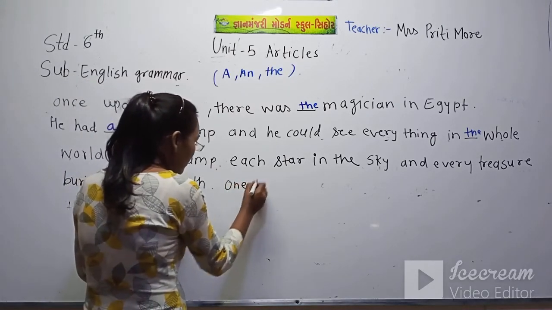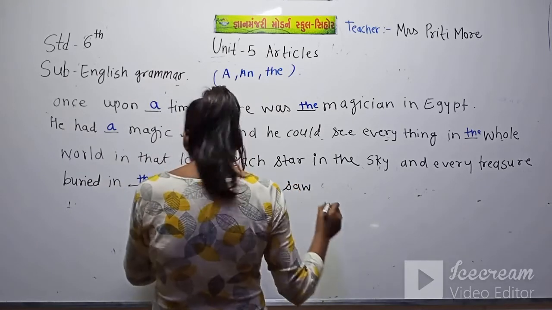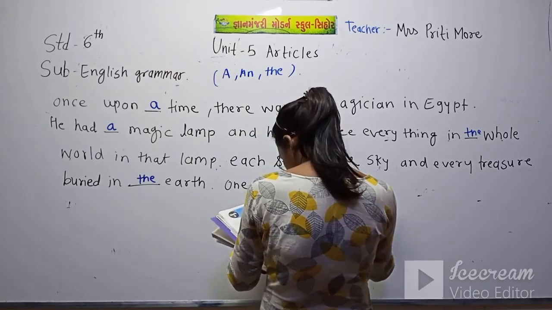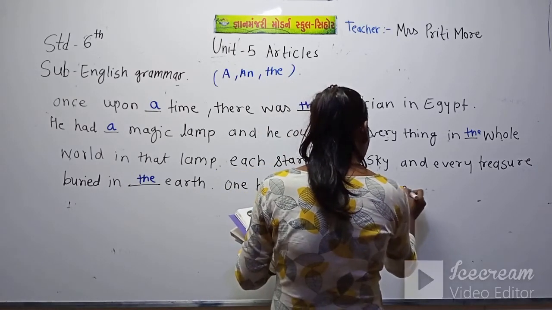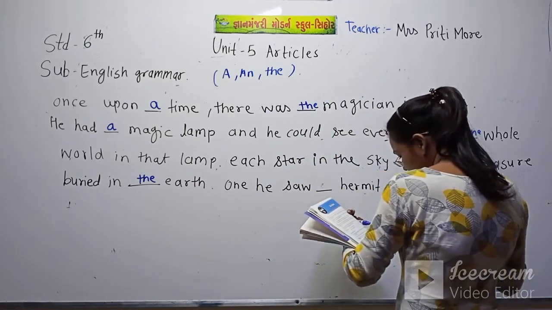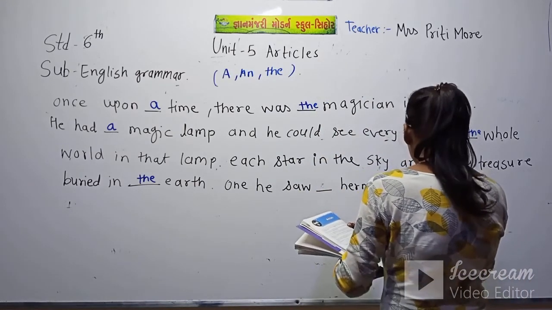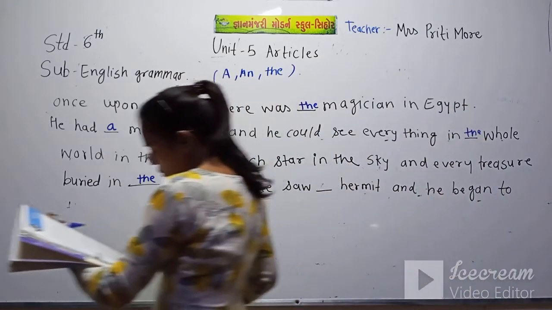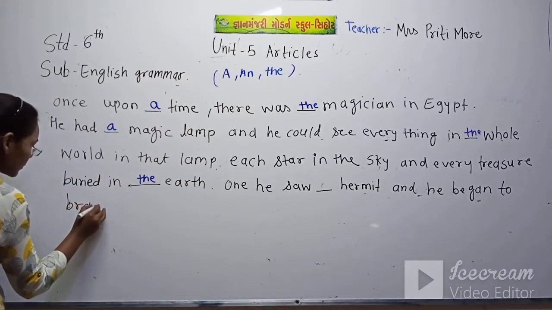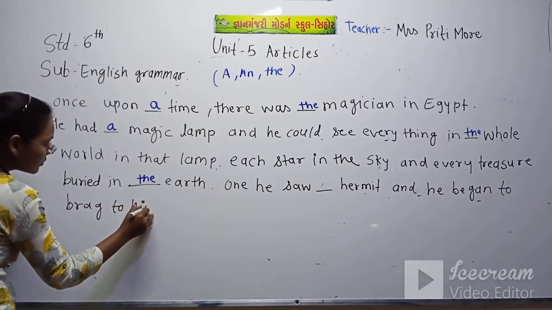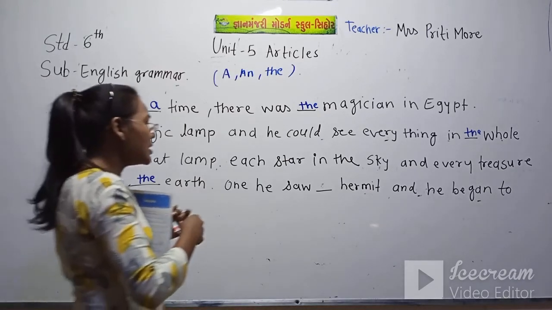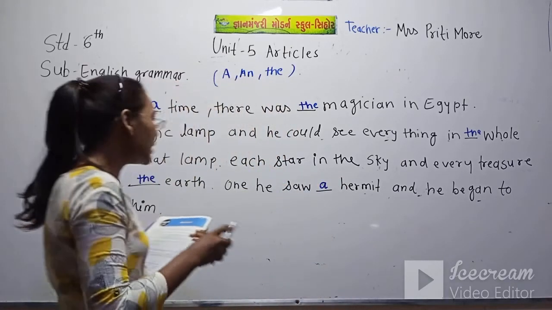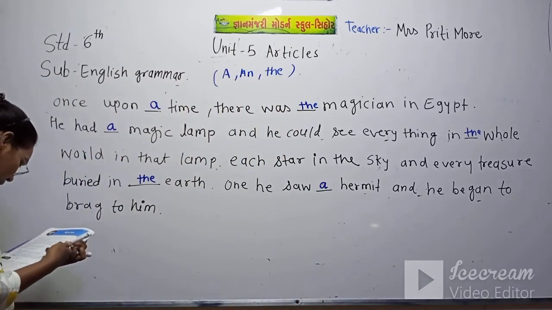Once he saw blank space hermit, and he began to brag to him. So once he saw a hermit, what will come here? A hermit, and he began to brag to him.